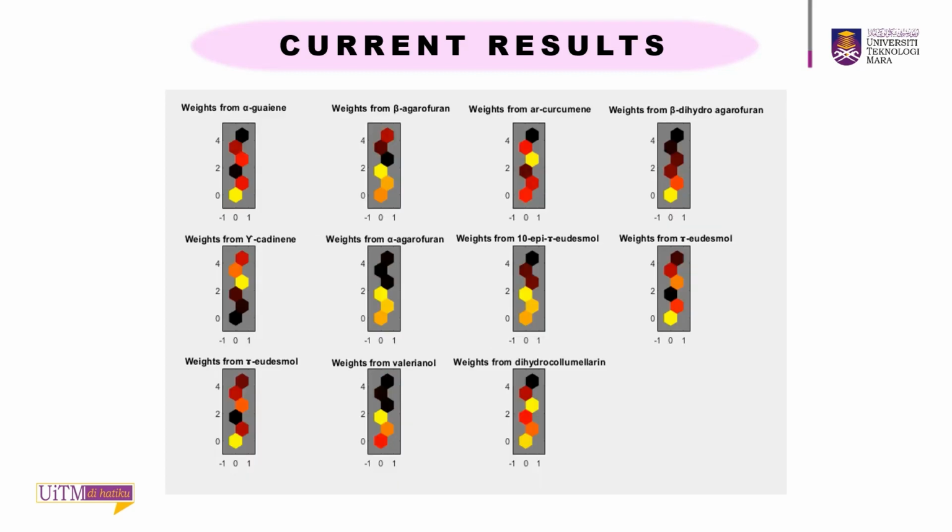And this is the weight of each grade for the 6 grades, from input 1 until input 11. Basically, I named input 1 for alpha-guaiene until input 11 for dehydrojinkoh-eremol. As we can see, we have a hexagon for each weight of input. One hexagon means one grade, and if we have 6 hexagons, it means there are 6 grades.